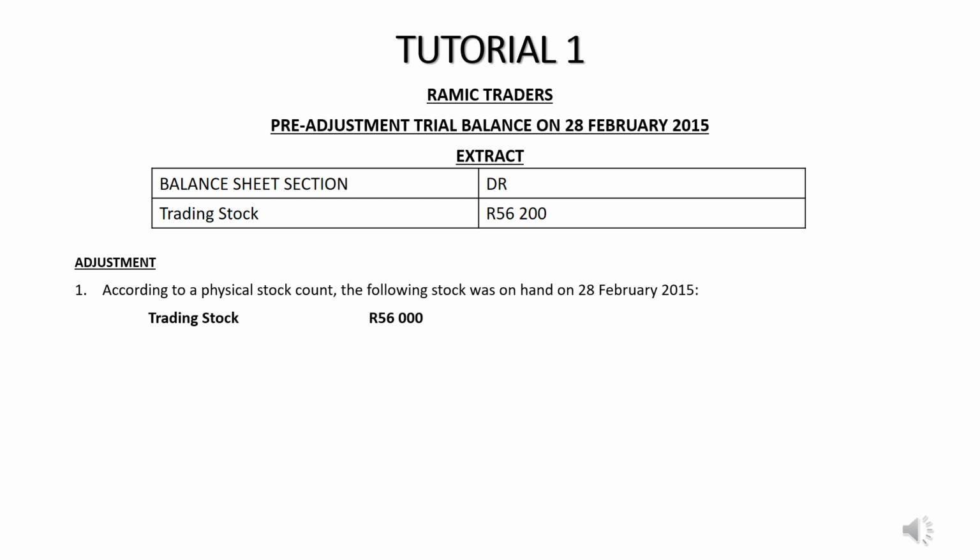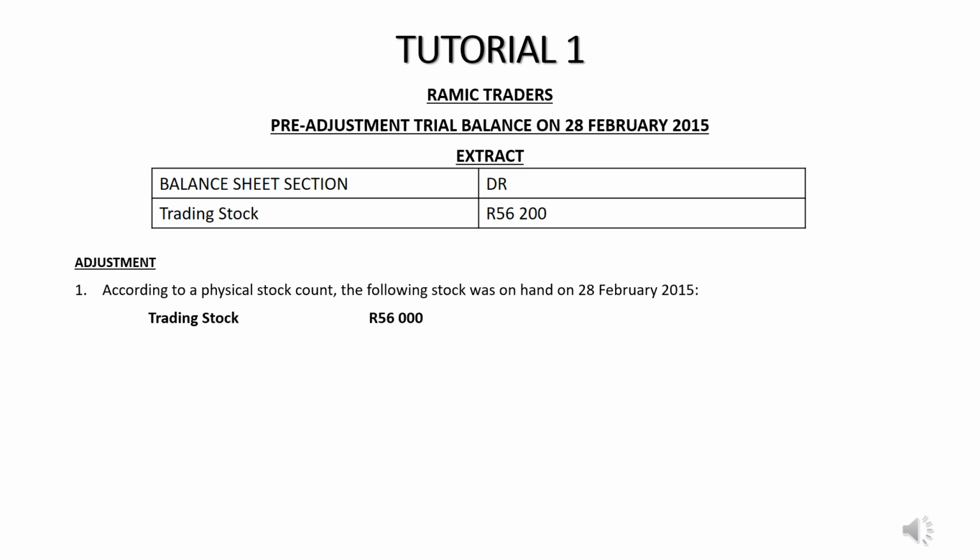Then the adjustment is telling us that according to the stock count, when we went there to the warehouse and physically counted stock one by one, we arrived at a figure of 56,000 Rand of trading stock.